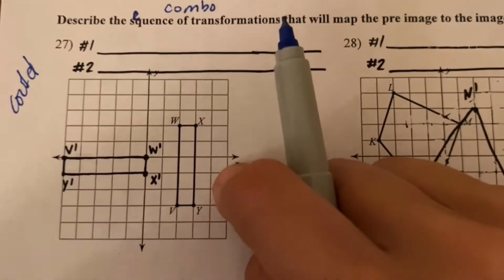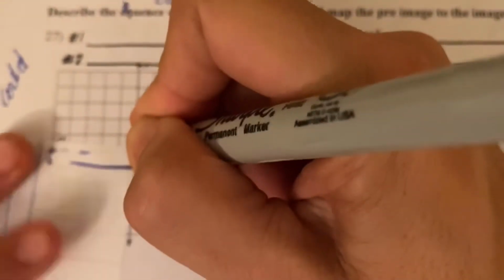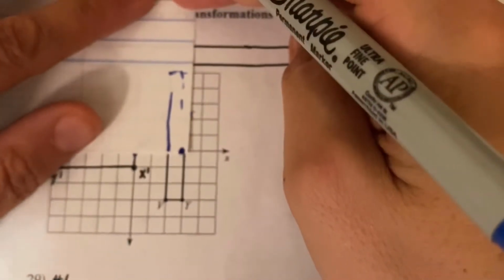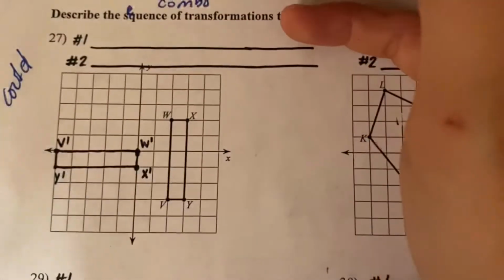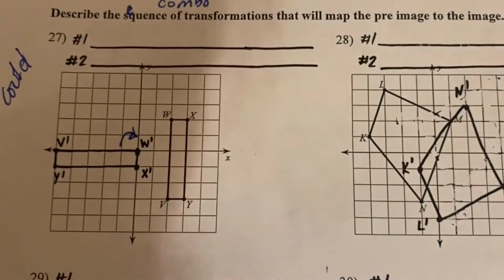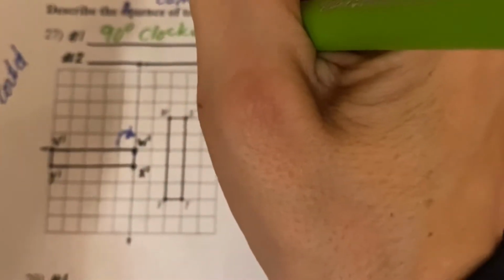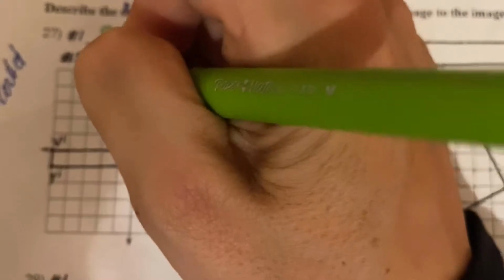But if I spun this around, doesn't it look like I could spin this, at least getting it facing the right direction, and then move it over 4 and down 3? That's looking really good. So if I spun it 90 degrees clockwise, now it'd be here.